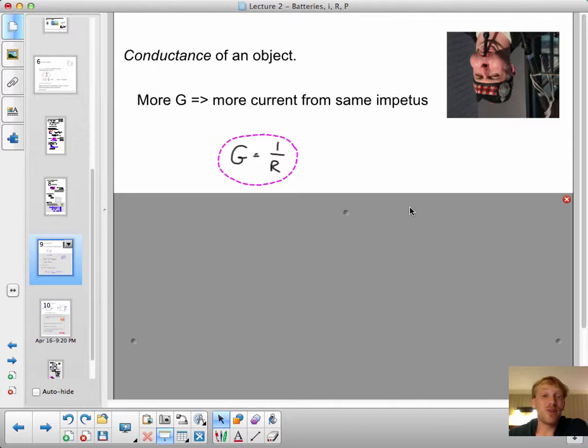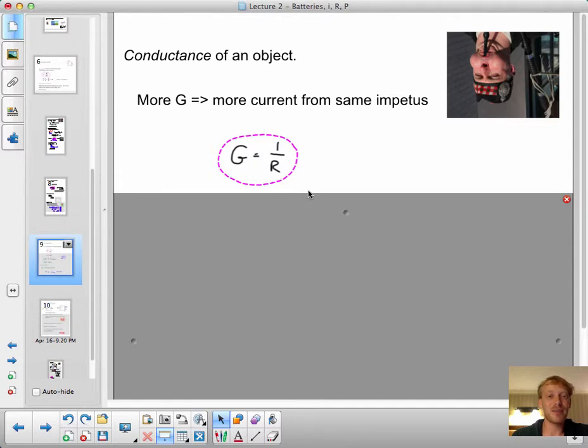The inverse of resistance of an object is the conductance of an object. The more an object resists the flow of electrical current, the less it conducts the flow of electrical current. Electrical conductance is abbreviated G, and it is the inverse of resistance.